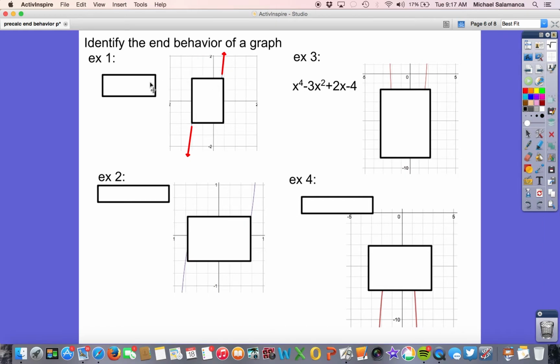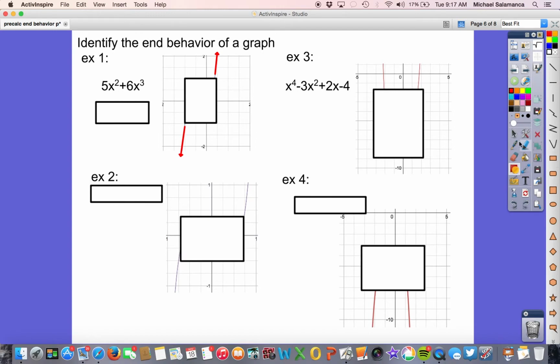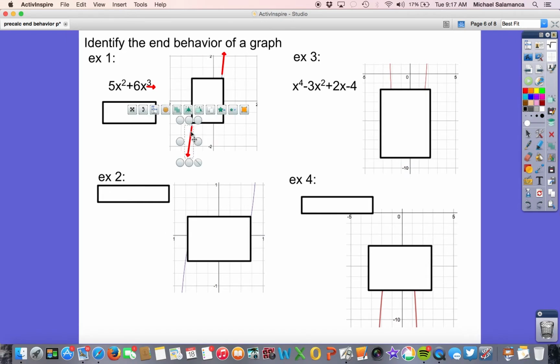Now if we take a look at that function, you'll notice that it's to the third power. Because it's to the third power, that means it's an odd graph. When it's an odd graph, it means these two arrows that we just drew, this red one and this red one, go in the opposite direction.